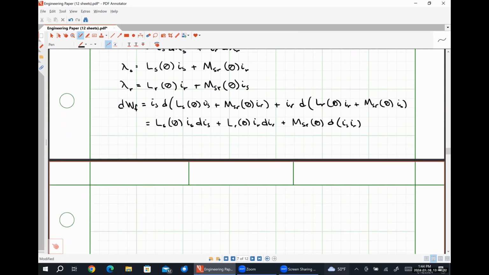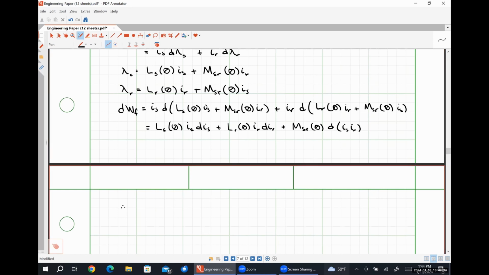And so our field energy is just going to be the integral of this.